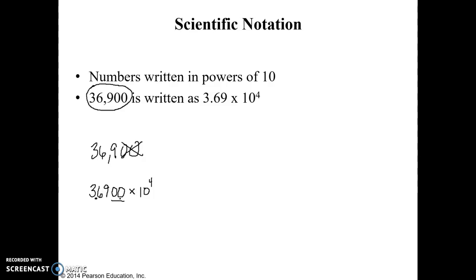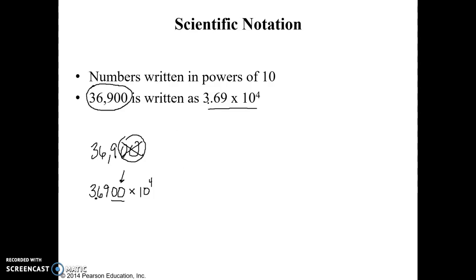We didn't have to. 36,900 can be written as 3.69 times 10 to the 4th, but we chose to put them there. We didn't have to, but we did. Therefore, they must be significant. So this is how we can tell people that these zeros are in fact significant. Whereas if we just wrote it out as 36,900, that would be unclear. In fact, we would probably assume that they are not significant.